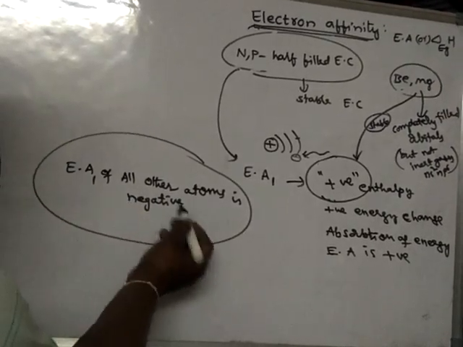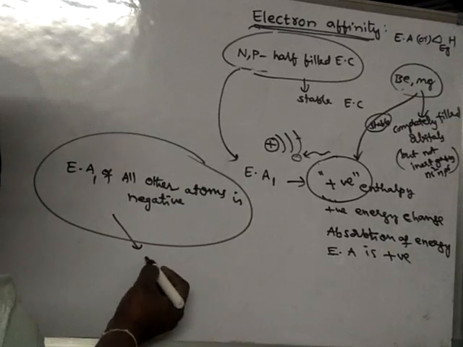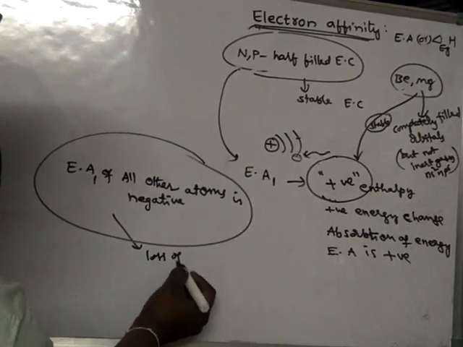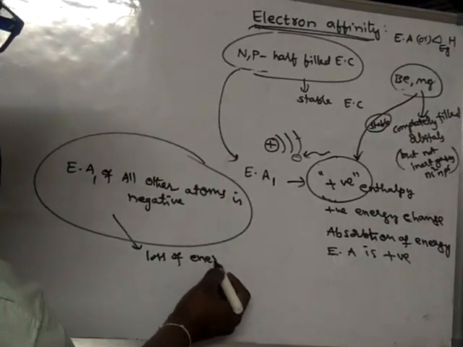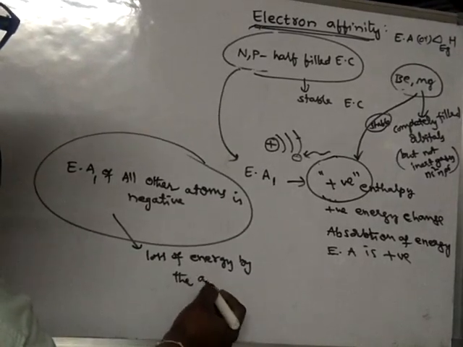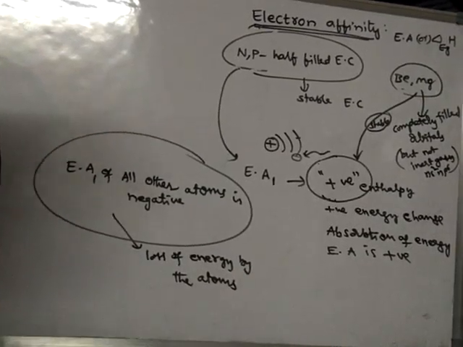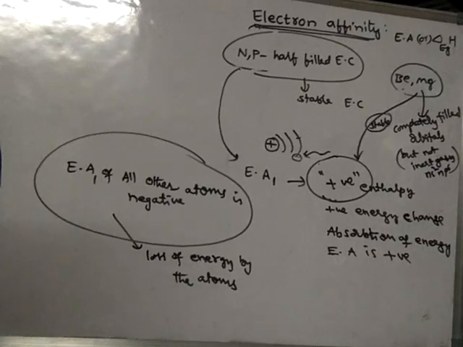So when will electron affinity be negative? Whenever there is loss of energy by the atom, the electron affinity is said to be negative.